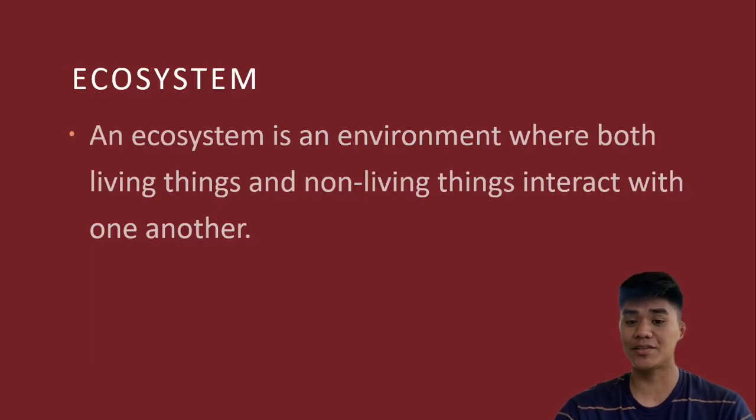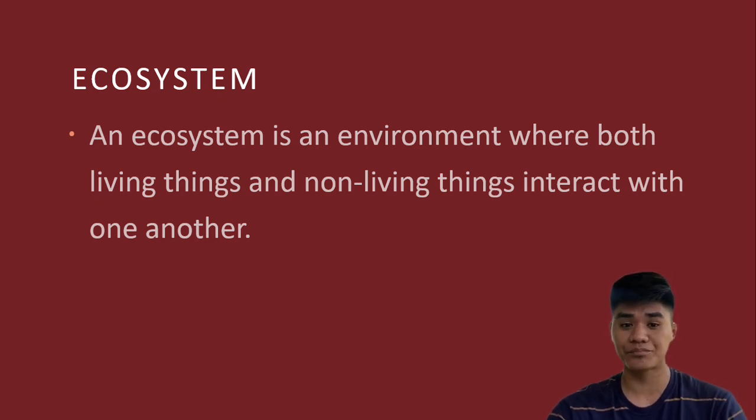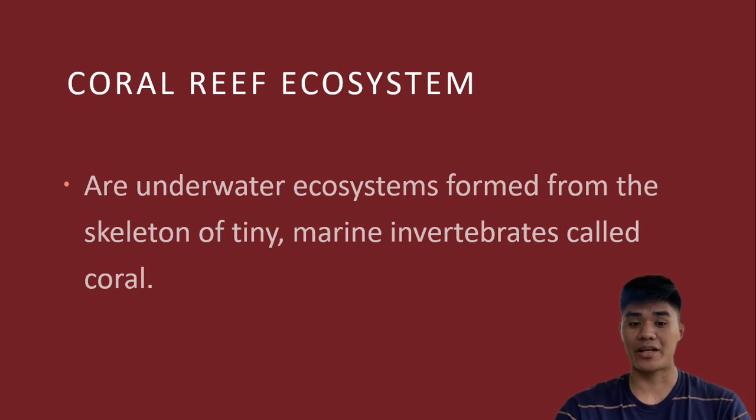Ecosystem. An ecosystem is an environment where both living things and non-living things interact with one another. First, let's talk about the coral reef ecosystem. It is an underwater ecosystem formed from the skeletons of tiny marine invertebrates called coral. It is also called a rainforest of the sea.